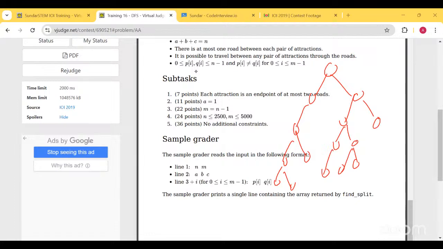Okay, is there any idea? Rerouting, yes, maybe. So for each node, what shall we do?